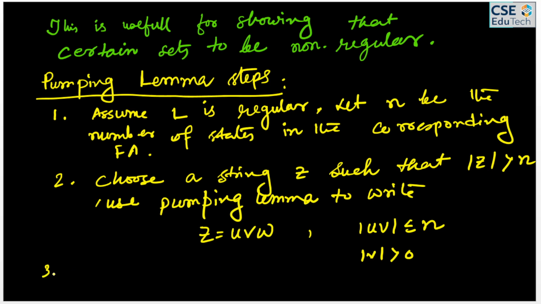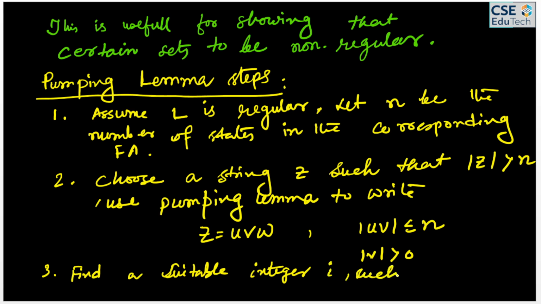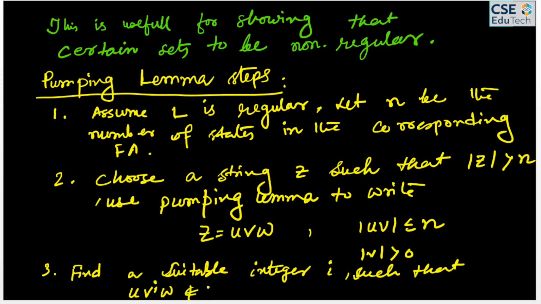Now step 3, we have to find a suitable integer i such that u v to the power i w does not belong to the language L.